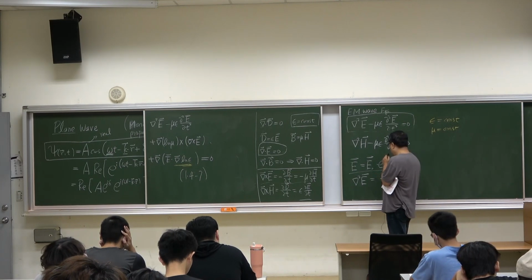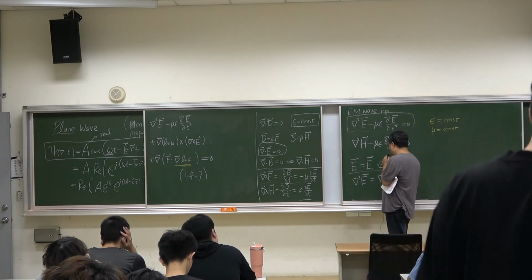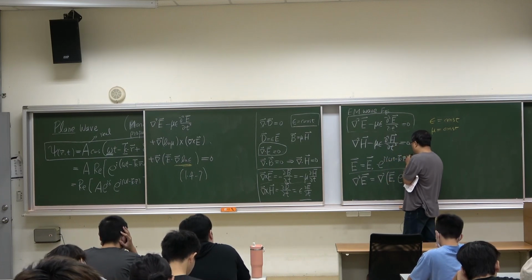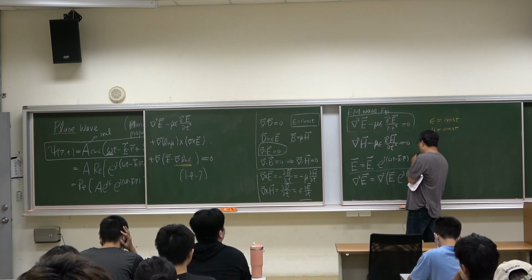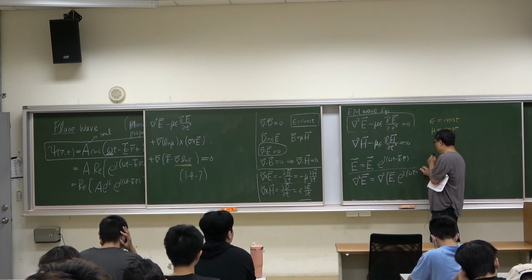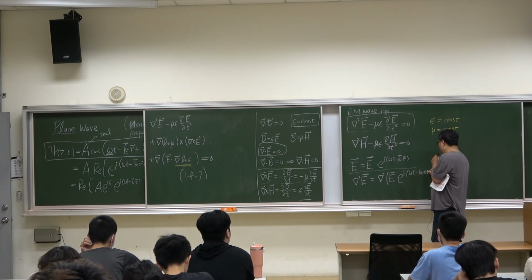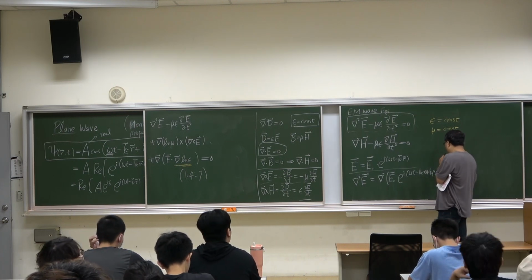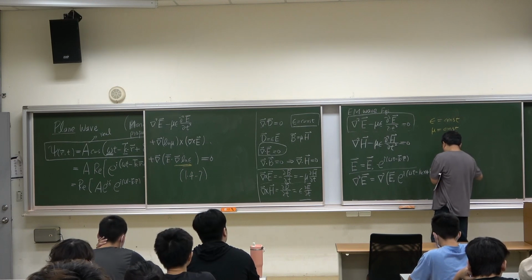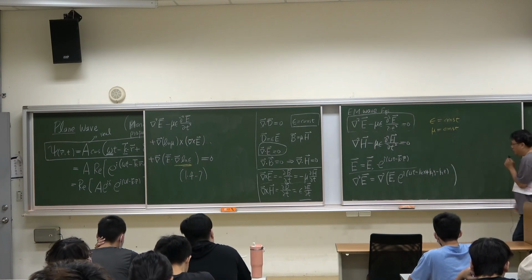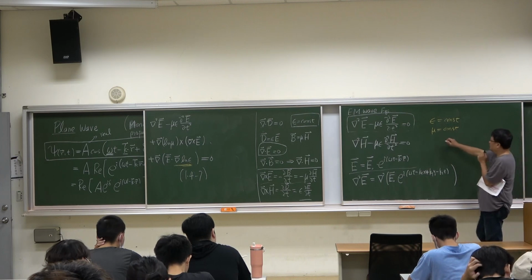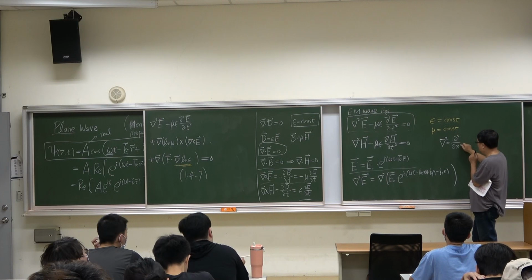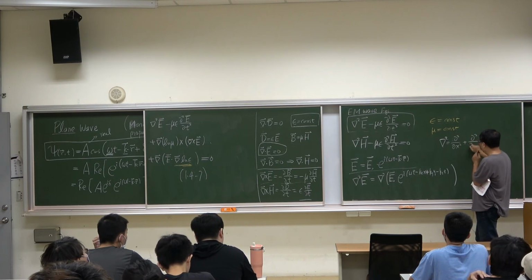Laplacian E is the Laplacian of E0 times exponential i(omega t minus kx x minus ky y minus kz z). However, what is the Laplacian? The Laplacian is this operator.